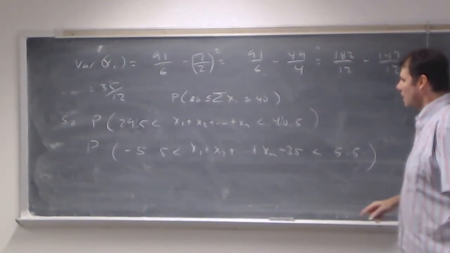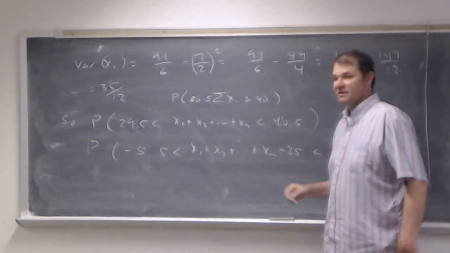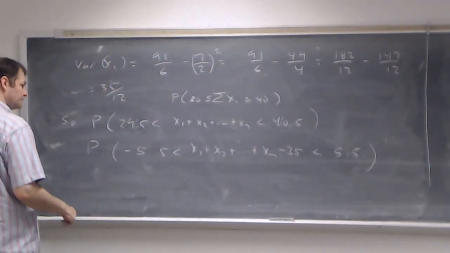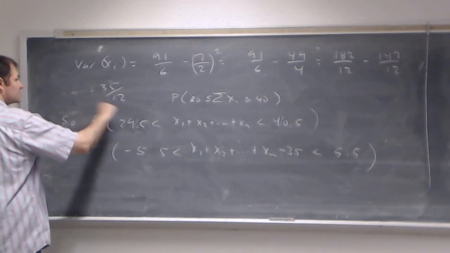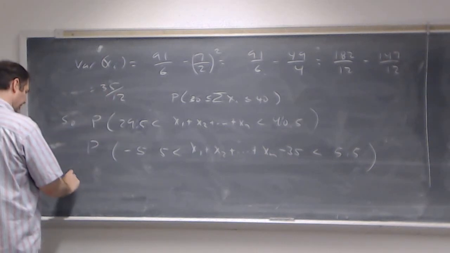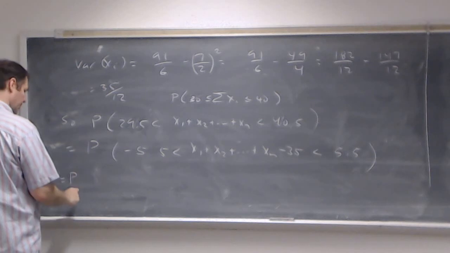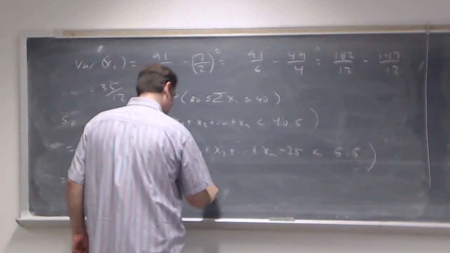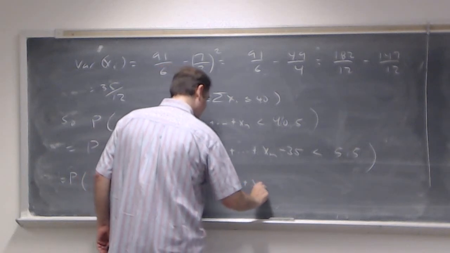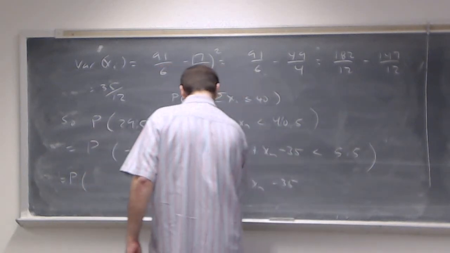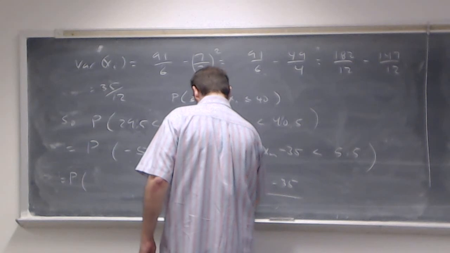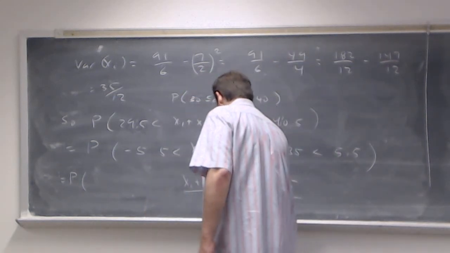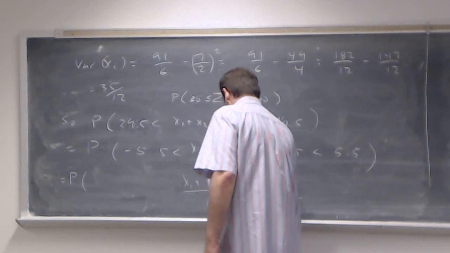Okay, now I need the square root of n times sigma. So this is sigma squared. So here, if I say this is the same thing as the probability, okay, so here in the middle, I have X1 plus X2 plus ... Xn minus 35 over the square root of 10 times the square root of that, so we're at 35 over 2.